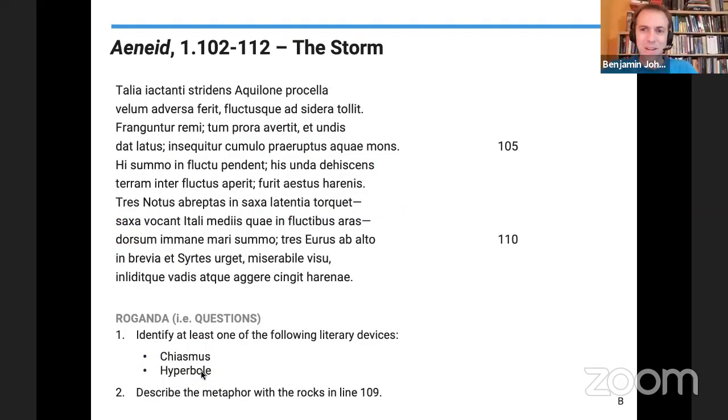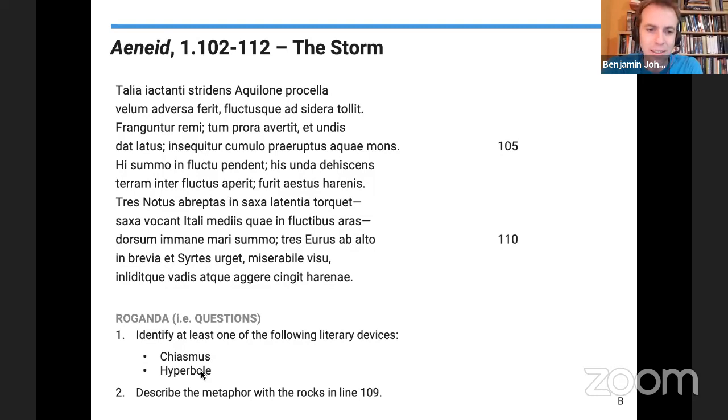Okay, so moving on. We go back to the storm. We're focusing from Aeneas's perspective and point of view, and that's what this jactanti talia is to him, tossing out such words. Everything from here is really through his eyes. We want you to look through this and identify a chiasmus and a hyperbole.